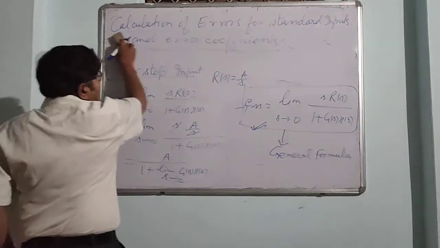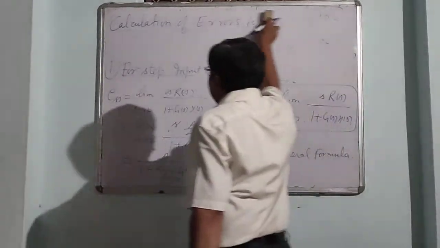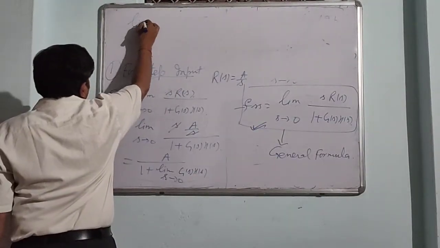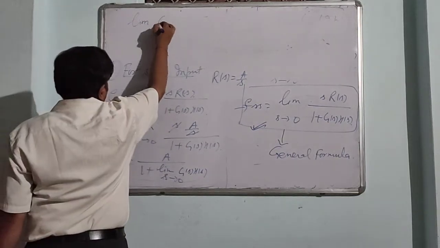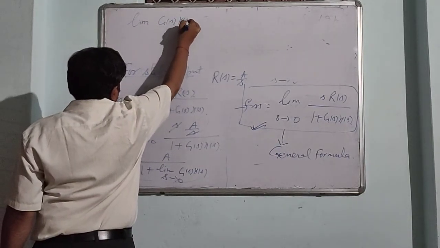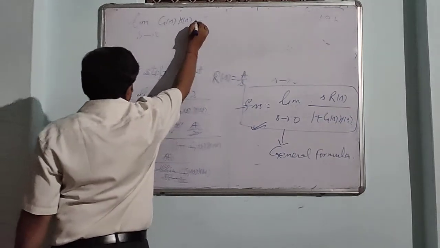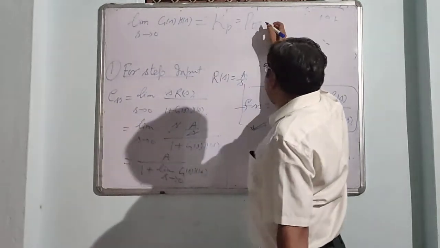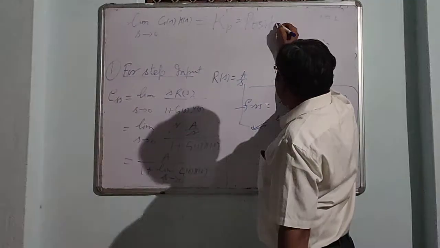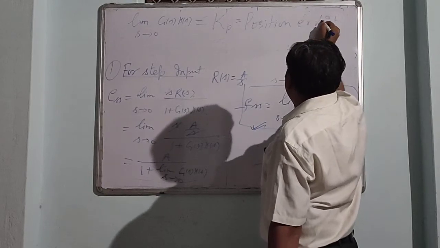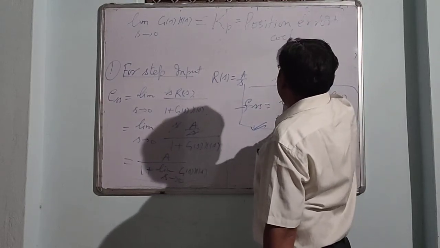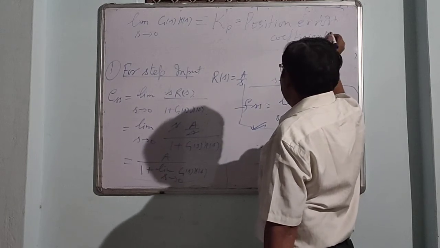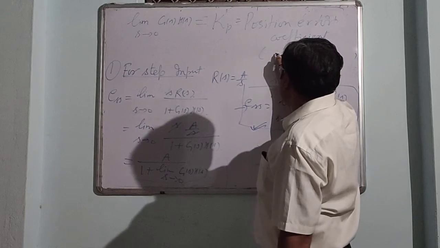And this term, limit of this G(s)H(s), is called position error coefficient, or position error constant.